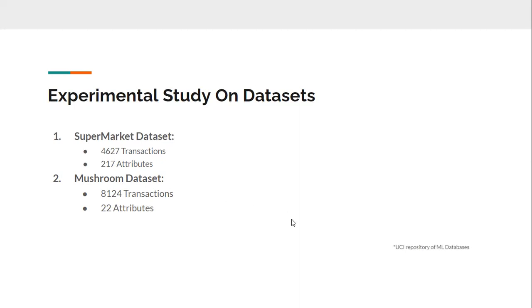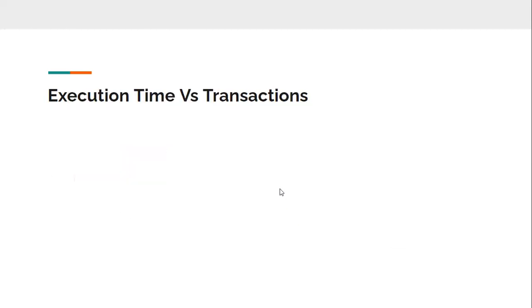These datasets have been taken from the UCI repository of machine learning datasets. Now we'll see the comparison between the execution time and the number of transactions, and how the execution time varies as the number of transactions increases. We test this on both the Apriori and FP growth algorithms.